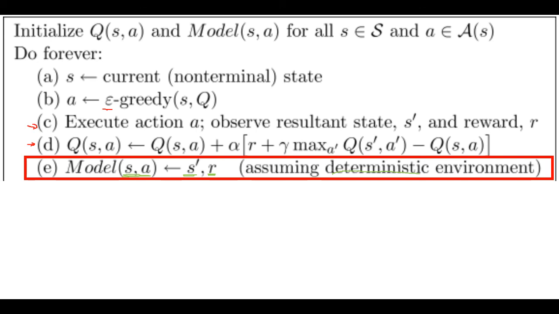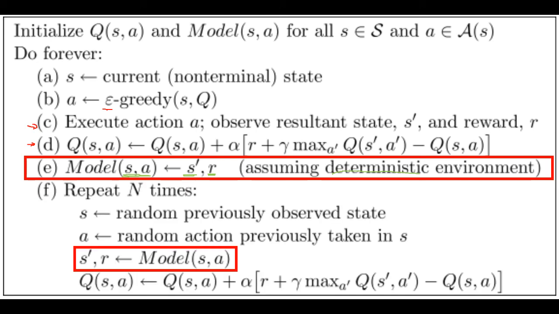The second part that you want to add is you want to repeat n times the following. You sample some state and some action that you already encountered. This is missing if you don't have any model, because you can't teleport yourself to this particular state.